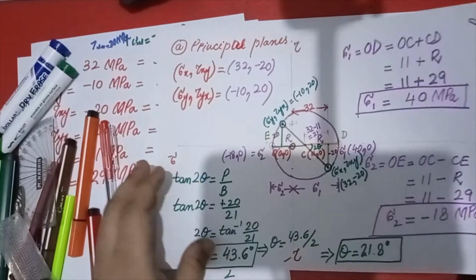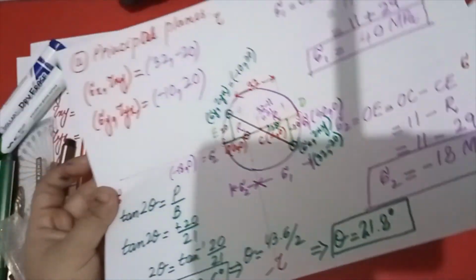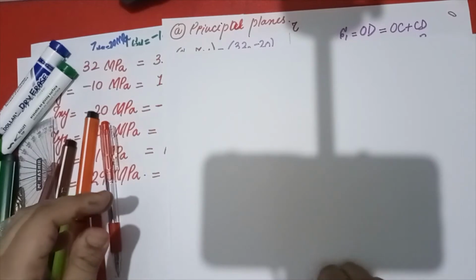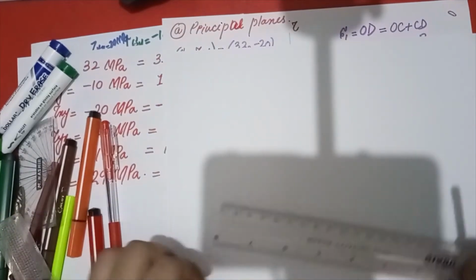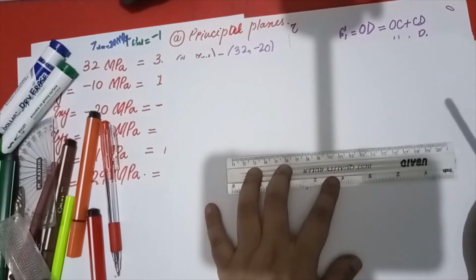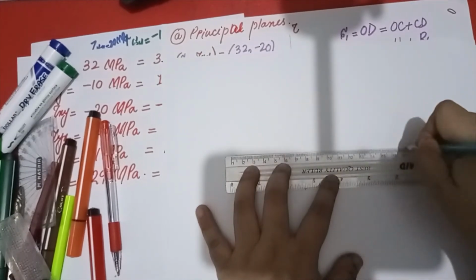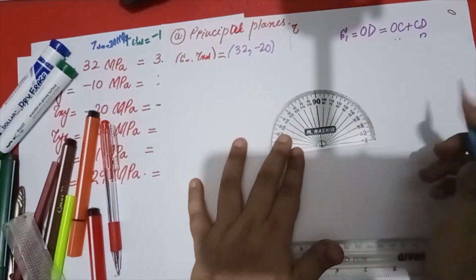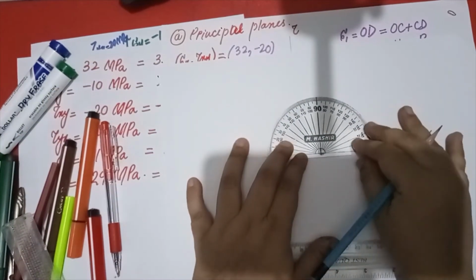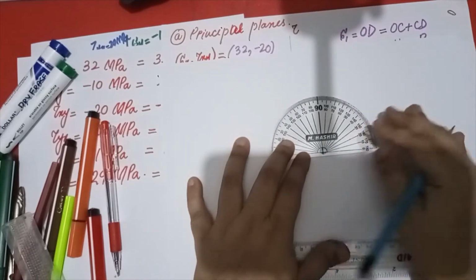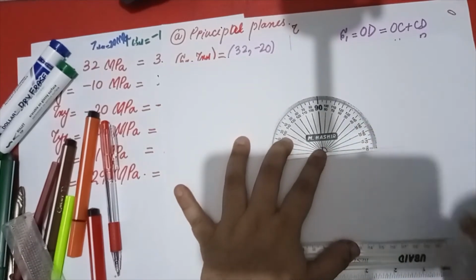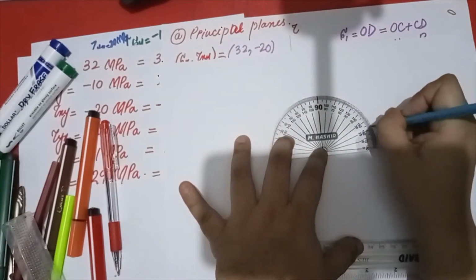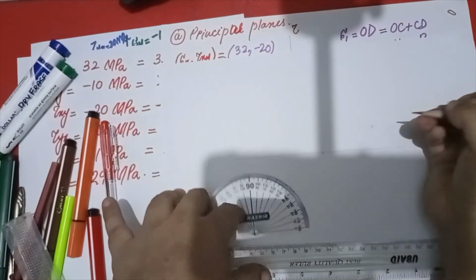So I am going to make the differential element for part A. This is my line, and I am going to put this anywhere on the line. You can take it, and the angle is 21.8 degree, somewhere here.